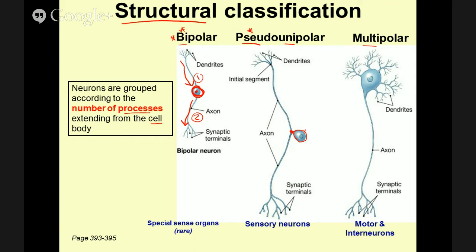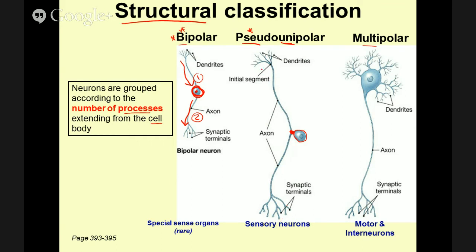But you can see here's my cell body with my nucleus inside, and there's only one process coming off of the cell body. So that's where it gets the term unipolar. Now, down here, these are my dendrites picking up the signal, and then the message is delivered down here at the axon terminal.